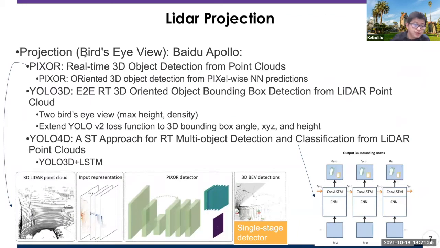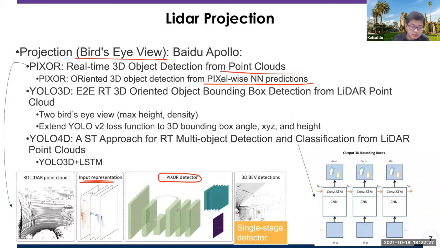There are other bird's eye view projection based solutions. This one is pretty famous: real-time 3D detection from point cloud, using pixel-wise neural network predictions. What they do is they still use the bird's eye view representation, but their detector is an oriented 3D object detector from pixel-wise neural network prediction.